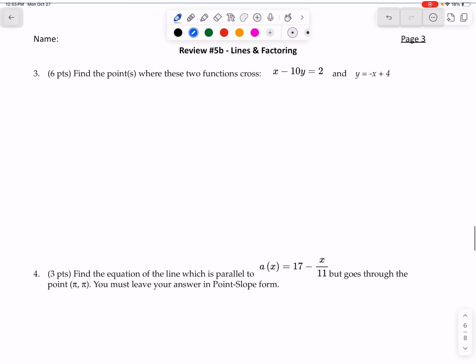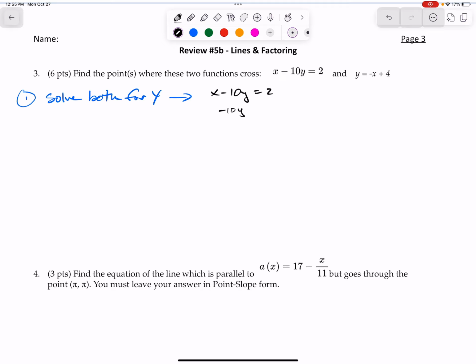Okay, step 1 here is solve both for y. So I'm going to start this one, x minus 10y equals 2. If I move the x to the other side, minus 10y equals minus x plus 2.